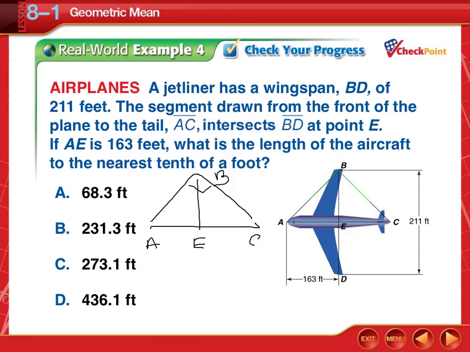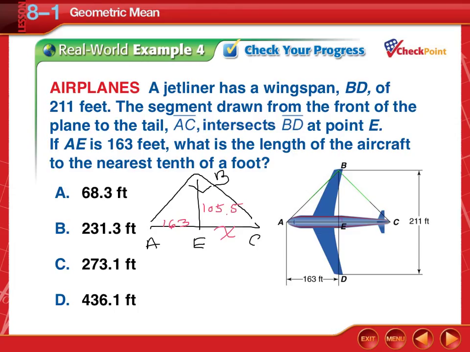So we can divide 211 by 2, and we would get 105.5. And AE is 163 feet. And if we call EC x, that will help us determine what this entire length AC is.